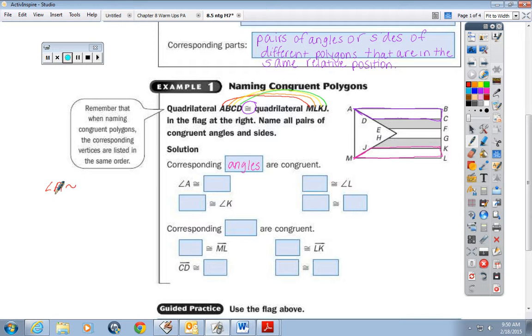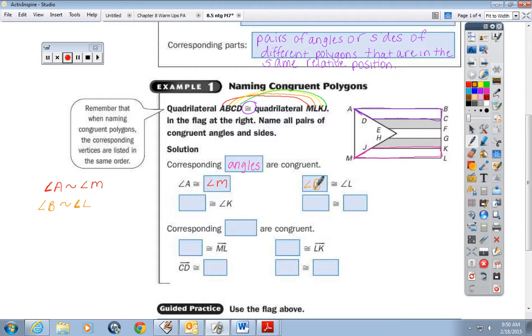The next letter we come to is B. So we would say angle B corresponds and is congruent to angle L. We would also fill it in here.